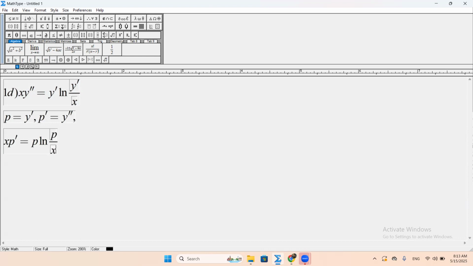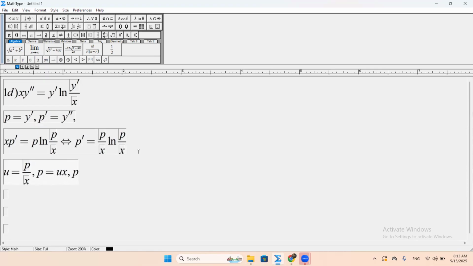So we received a homogeneous equation, where we divide by x, and we will do the following substitution. u will be equal to p over x, then p equals ux, so p prime will be equal to u prime x plus u.